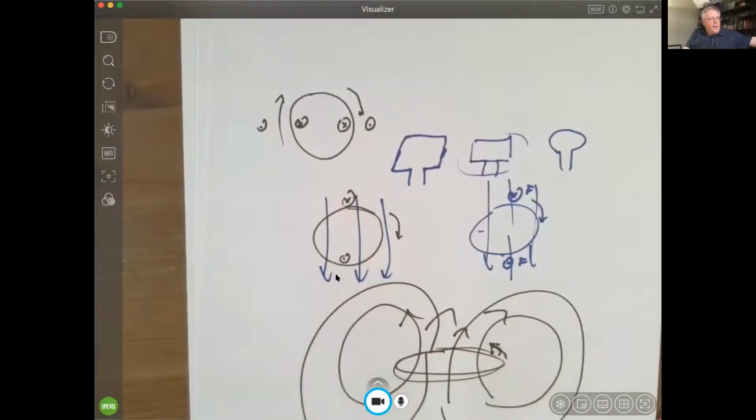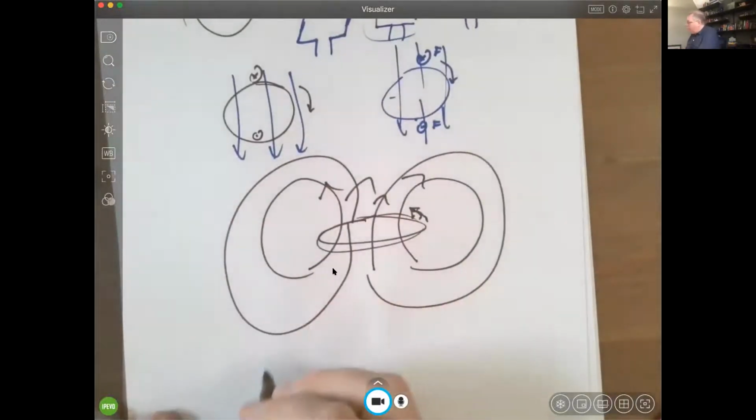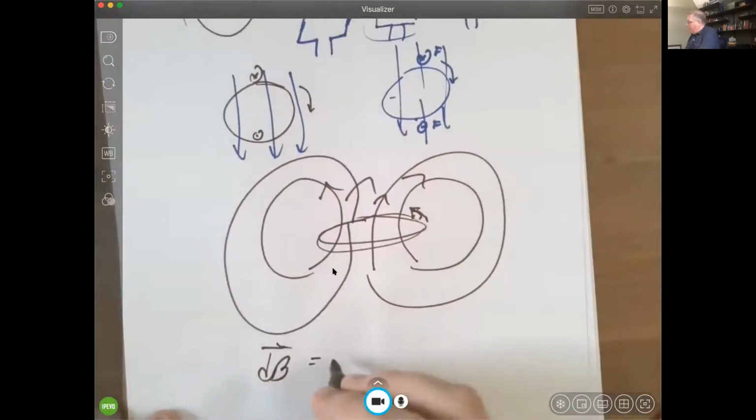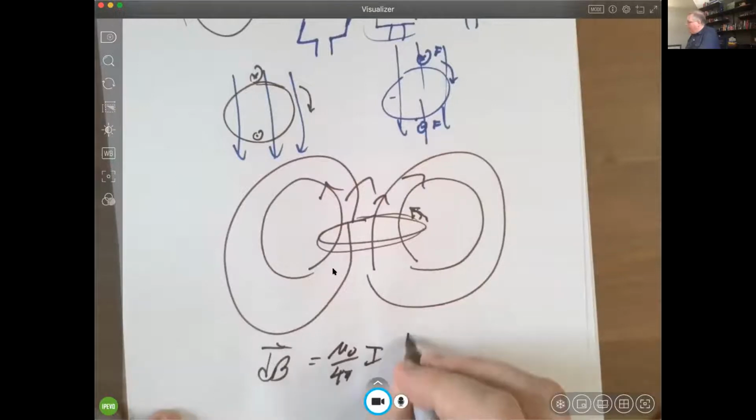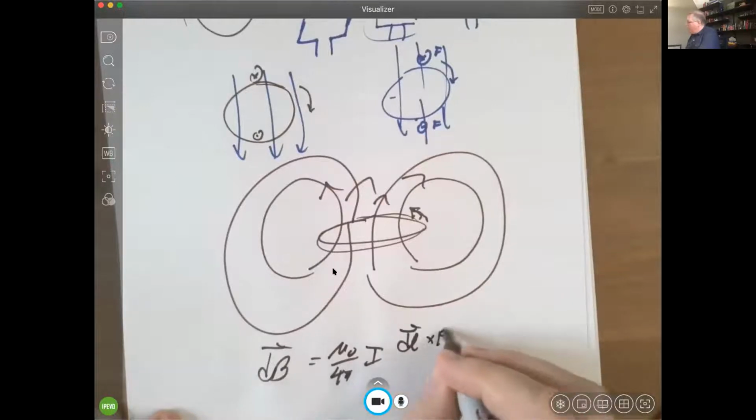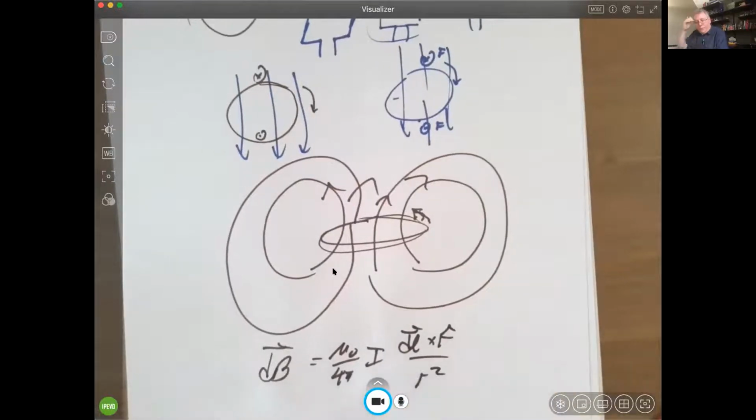Okay, now how we got to this, we're going to backtrack and do a little bit more work, is we were using the Biot-Savart law, right, which is dB equals mu naught over 4 pi I dl cross r hat over r squared. And we used this last time.